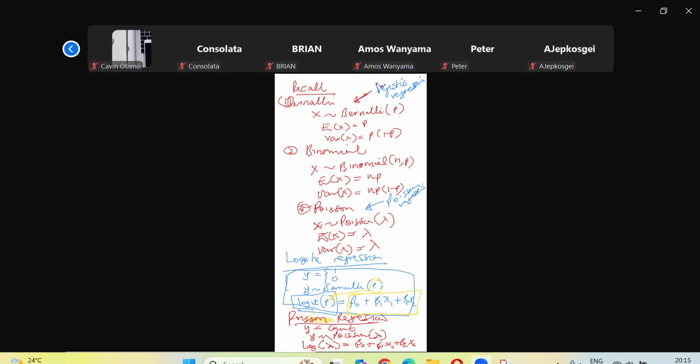Is that okay? Yes. Again, if y follows Poisson with parameter lambda, what is the mean of y? It is lambda, and that lambda is the one we take and put inside the log.